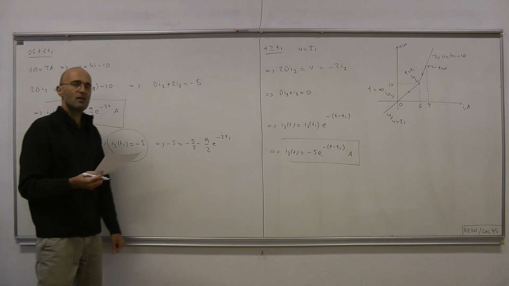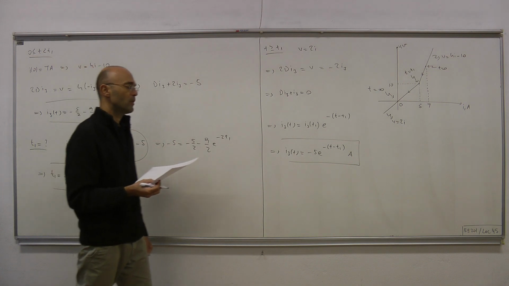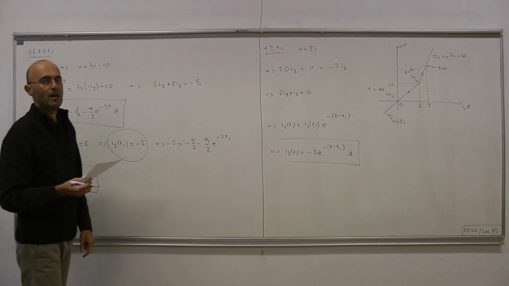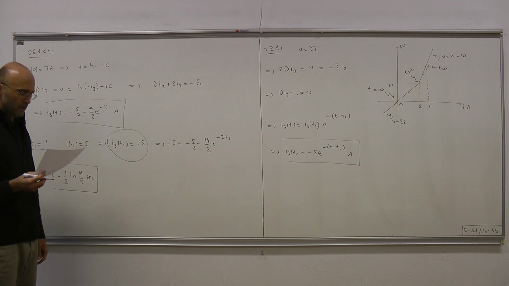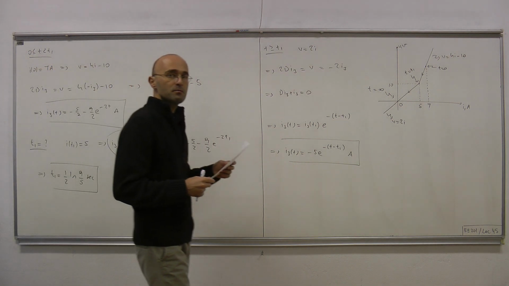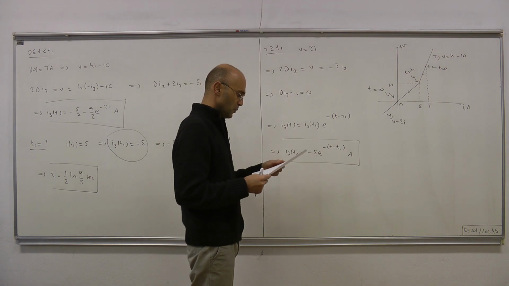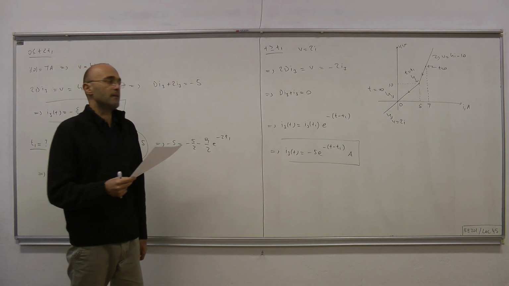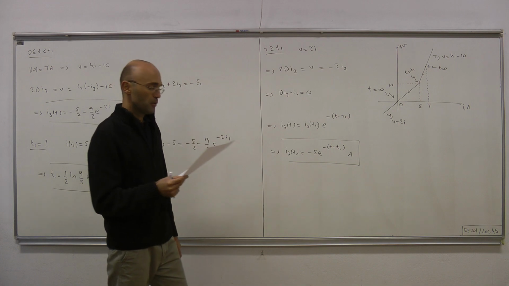But we were not asked for I3, we were asked for the currents that make up I3, namely I1 and I2. Therefore, finally, let's figure out those currents of the inductors in the original configuration.